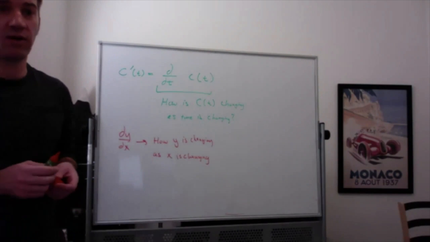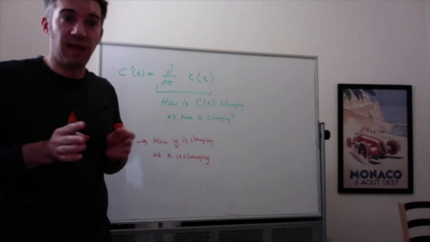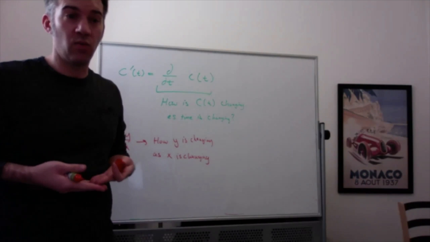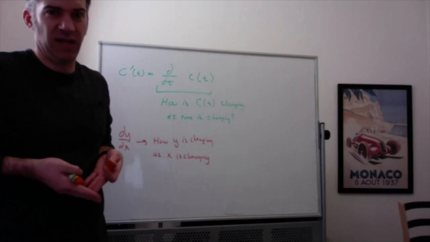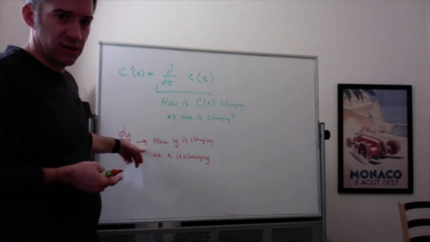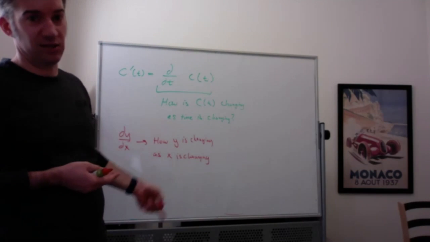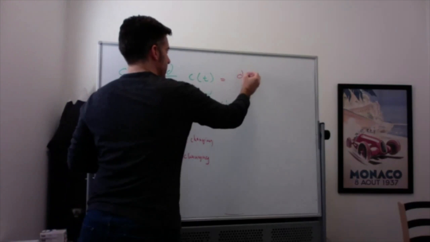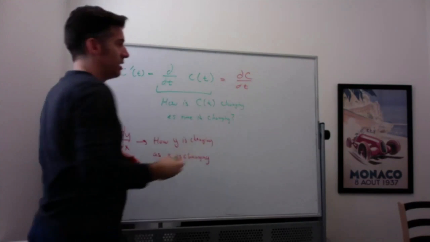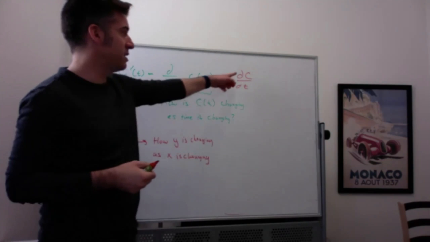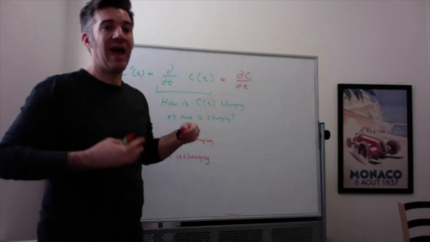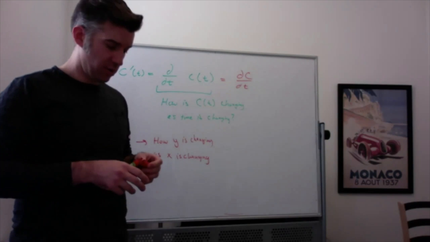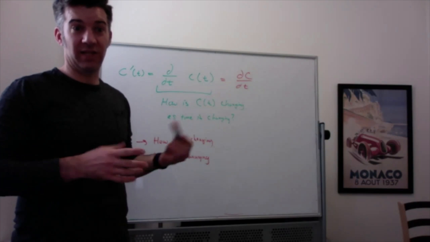People usually slim that down to the rate of change of y with respect to x. But when I say those words, I really mean how y is changing as x is changing. This here, which you could totally write as dc dt, is the rate of change of c with respect to t, or how c is changing as time is changing. A rate of change. That's all derivatives are.